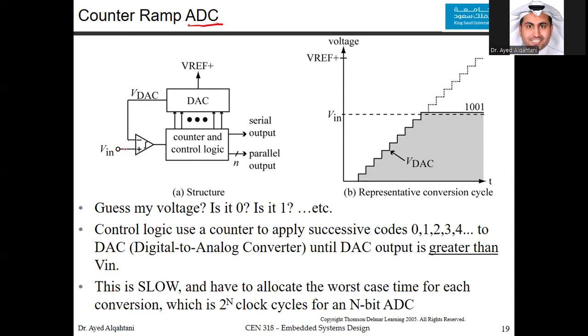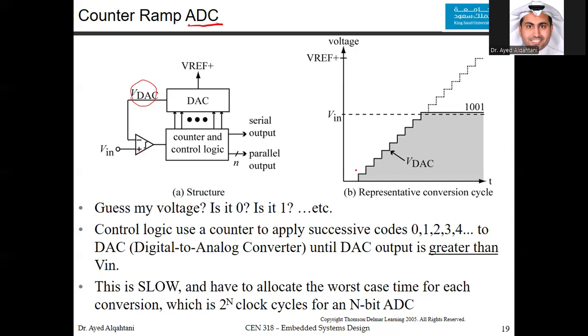Now, if the VDAC is still lower than the input voltage, you redo this and you keep redoing this until the VDAC becomes larger than the V input. And now you know that you have reached the digital value.